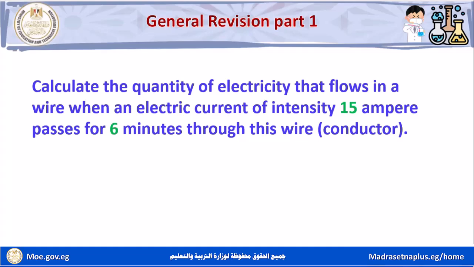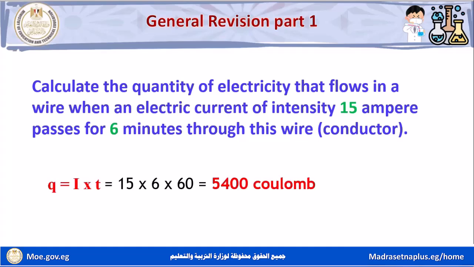Quantity of electricity: Q equals I, electric current intensity, times t, or time.